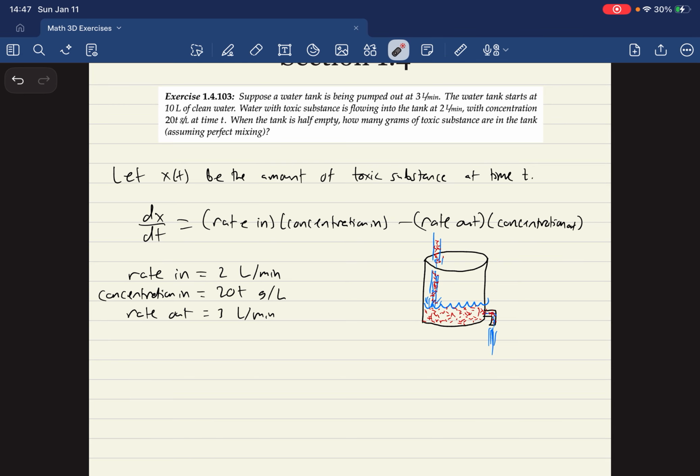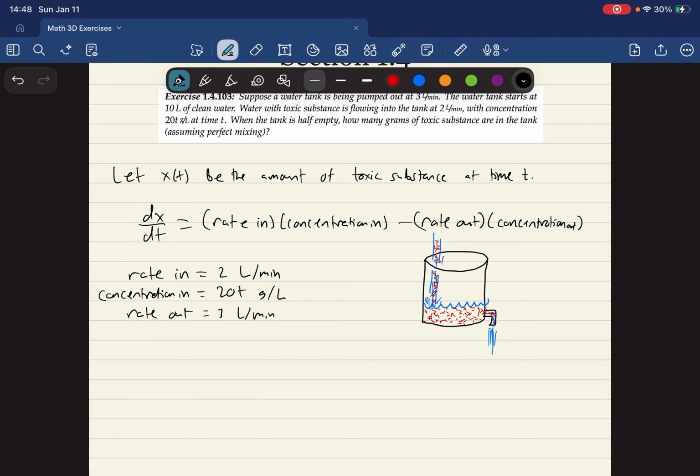What this means is that the concentration of toxic substance inside of our pump, our little faucet pumping out, has to be the same as the concentration in the rest of the tank. But what is that concentration?